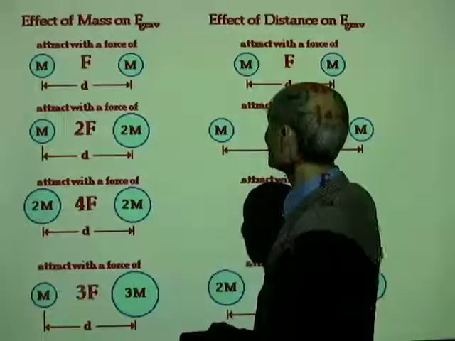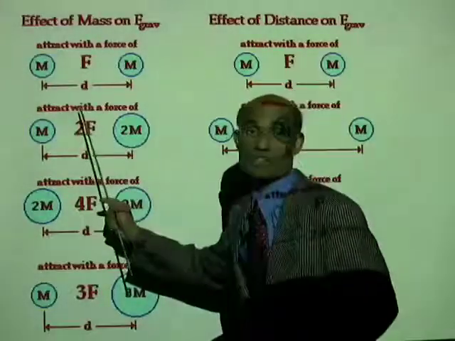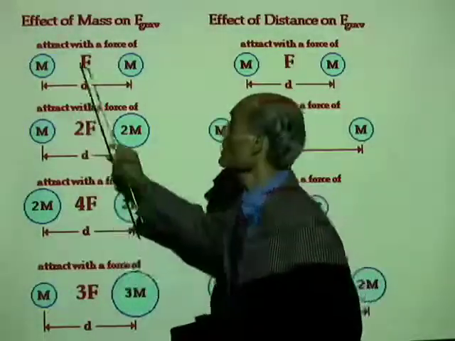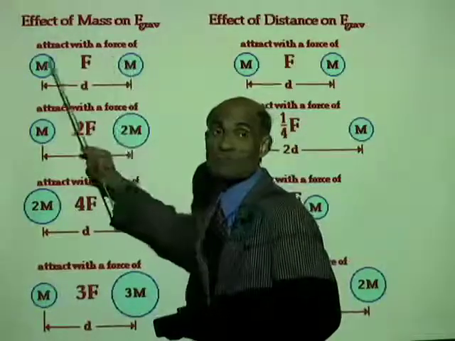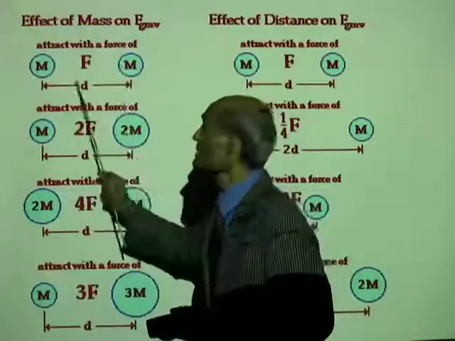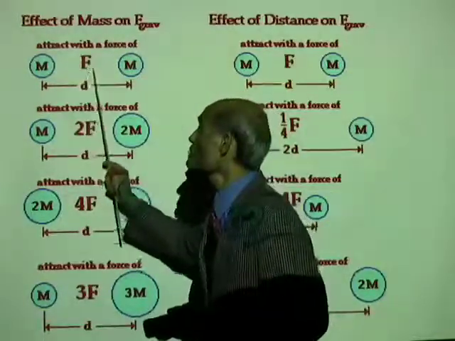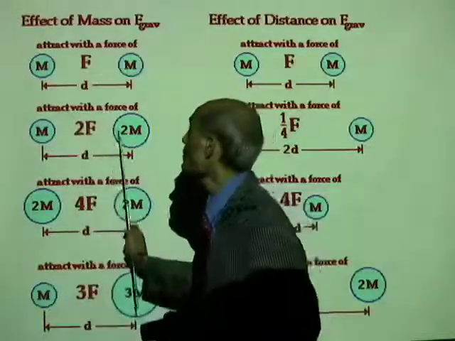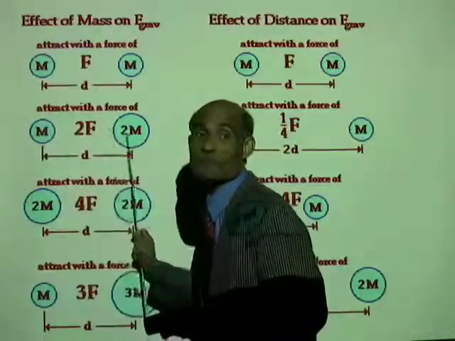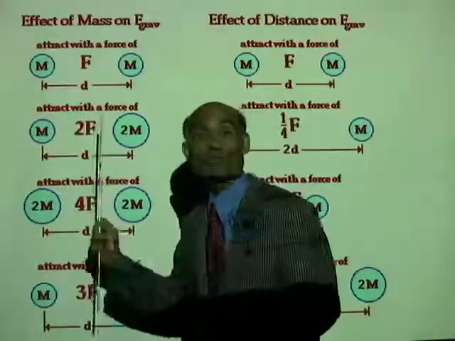Alright, I have given you some scenarios here. Now I want you to watch this. Very important concept. You have a mass m, another mass m, two equal masses separated by a distance d, and the force between them is F. If you double one of the masses, keeping the distance the same, the force will double.